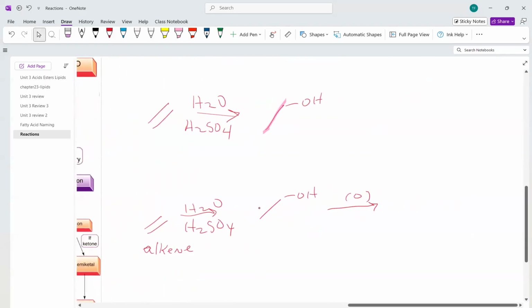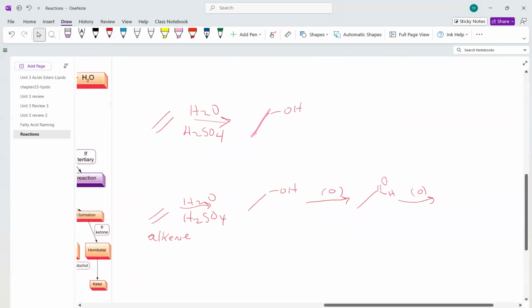That goes first to the aldehyde. Then to the acid.